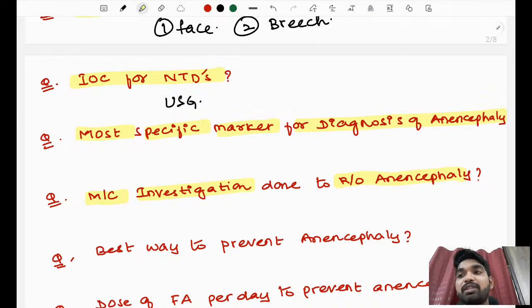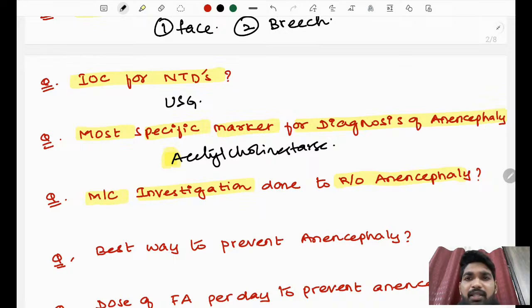The most specific marker for the diagnosis of anencephaly, as you said, is acetylcholinesterase. Now, the most common investigation done to rule out anencephaly: maternal serum alpha fetoprotein levels.